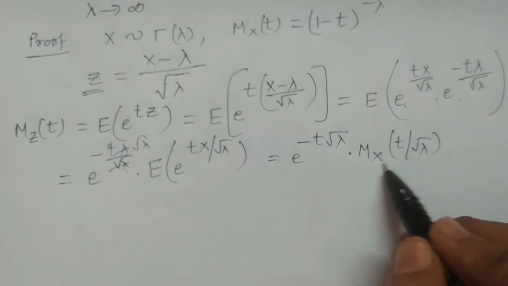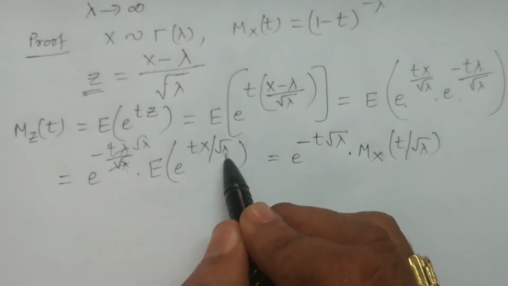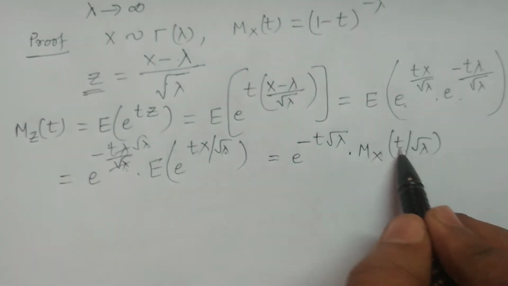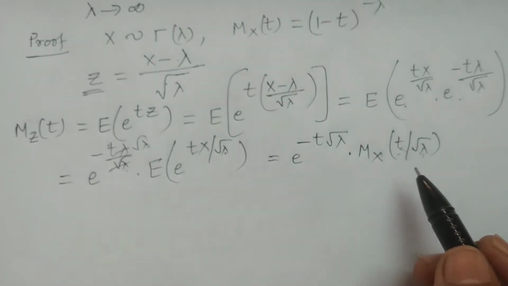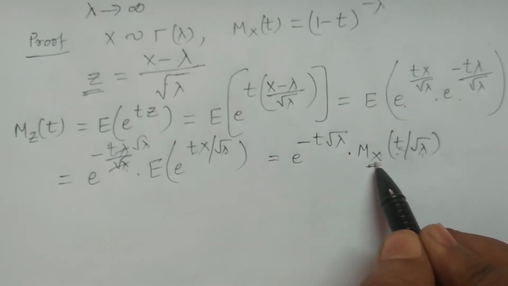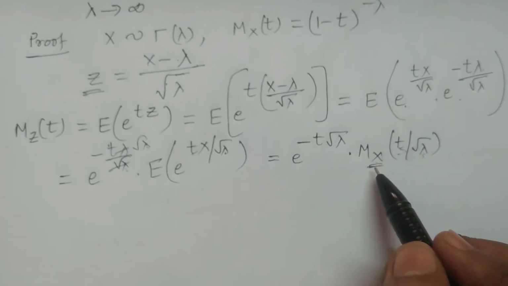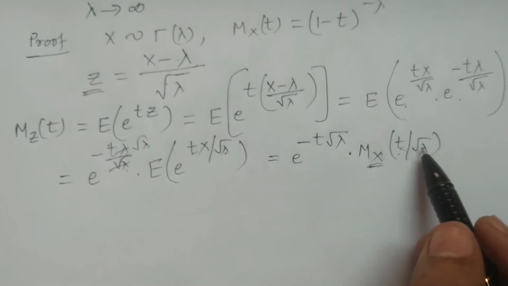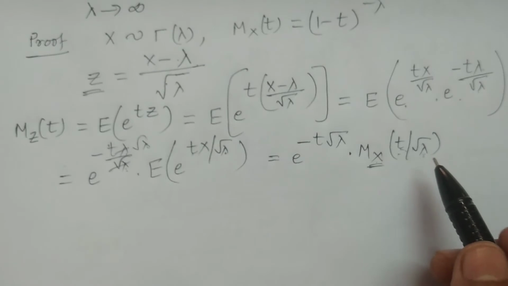In the place of t we have t by root lambda. Now what is this? It is the moment generating function of X. What is X? X is a gamma variate, so its distribution is the gamma distribution, and its moment generating function is (1 - t)^(-lambda).